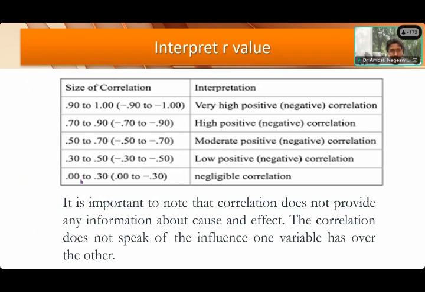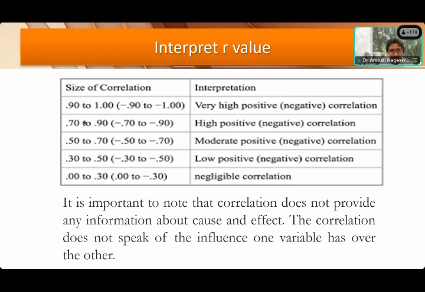If the R value is less than 0.30, it means negligible correlation. If it is coming under minus 0.30, it means negative, negligible correlation.